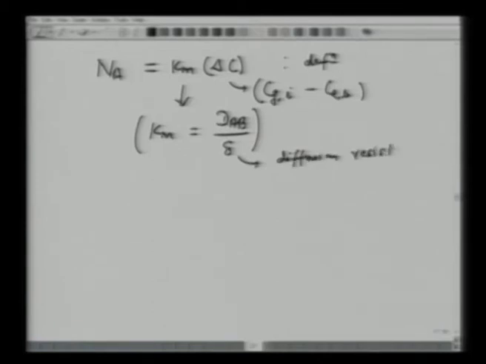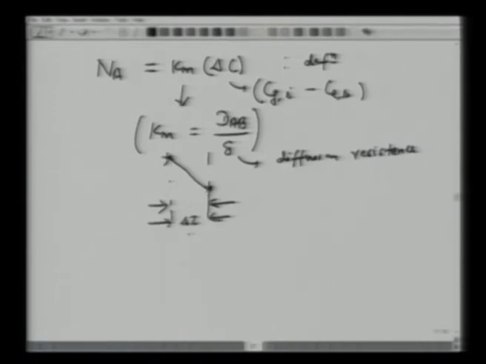So we have a steady state concentration profile. This does not change with time, it's linear, and there is a hypothetical film of diffusion resistance in which the entire concentration drop occurs over this film of del z.